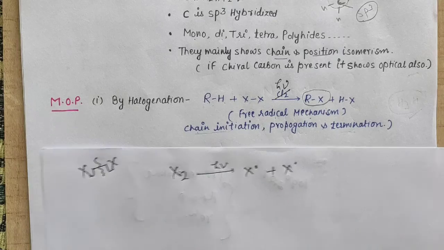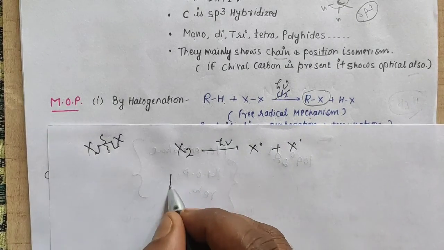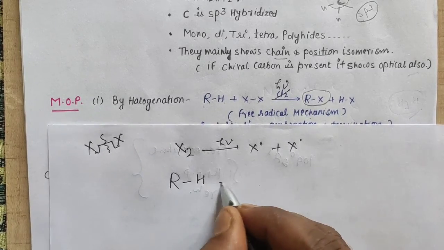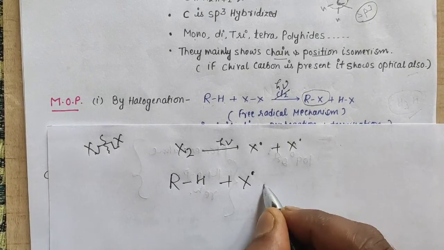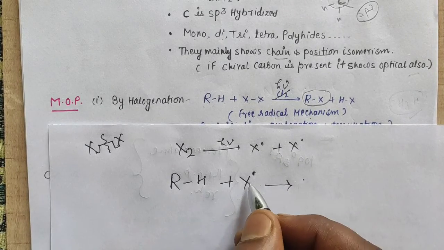Now what will happen in chain propagation? The alkane, for example RH, will react with this X free radical, and the bond will break, making HX plus an R free radical.